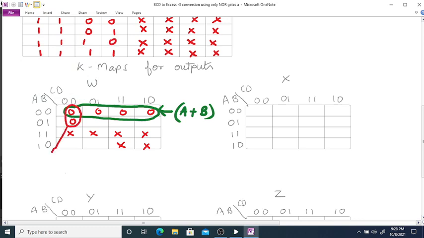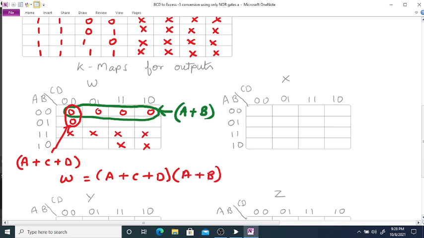This pair is represented by A plus C plus D. So, the Boolean expression for W will be A plus C plus D and A plus B.